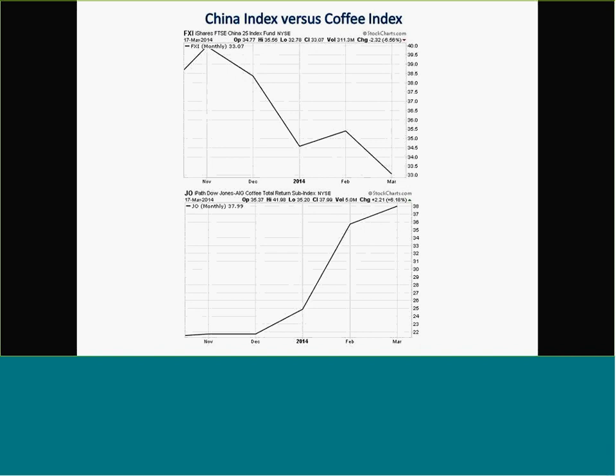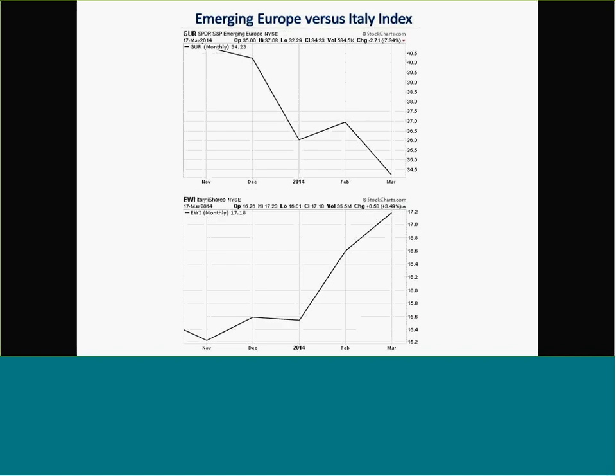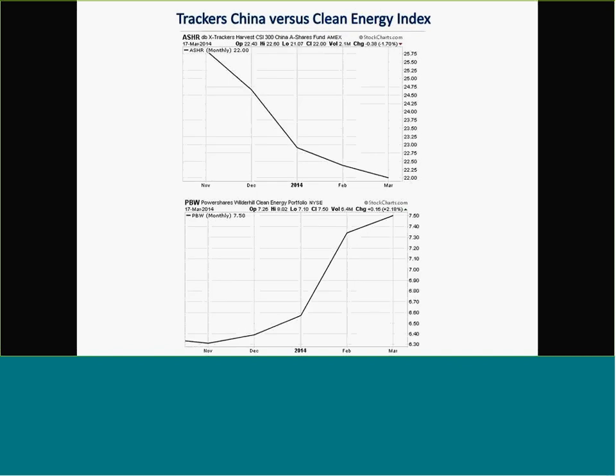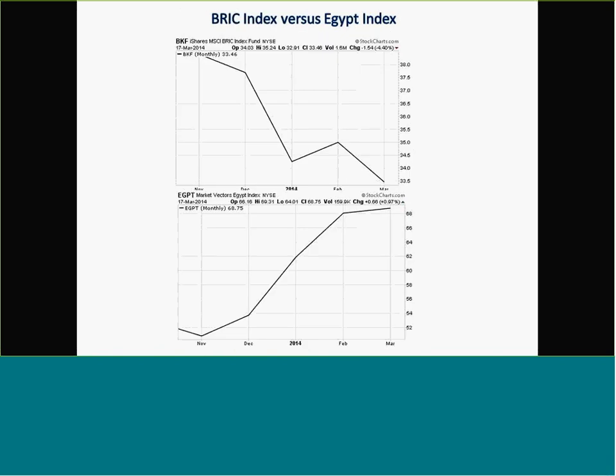So again, you can see over the same time period, we have a bearish market and a bullish market. This is emerging market Europe versus iShares Italy, the China A shares versus the clean energy portfolio. So you can see that there's always a bull market and a bear market somewhere.